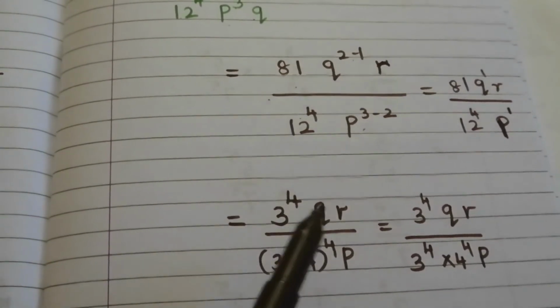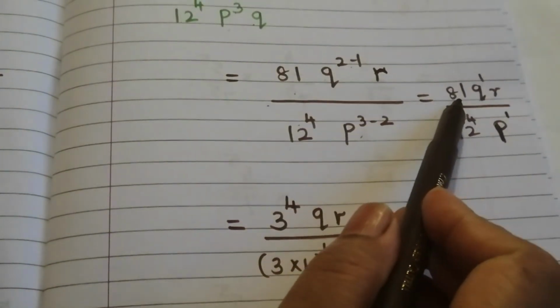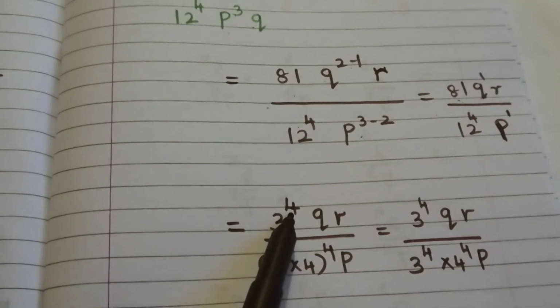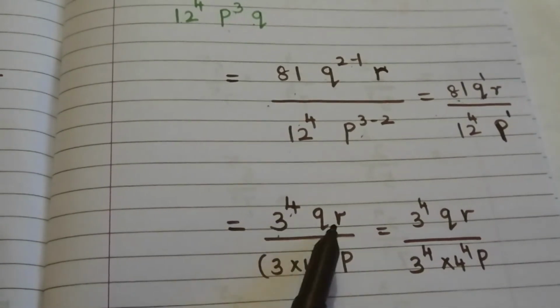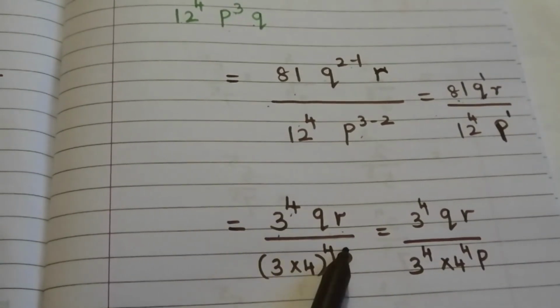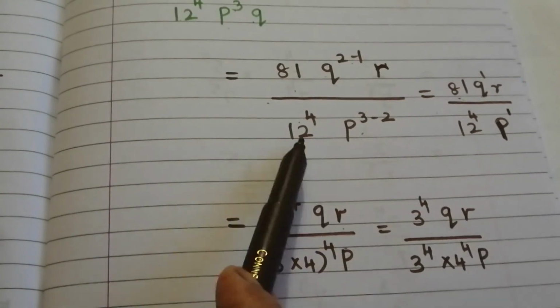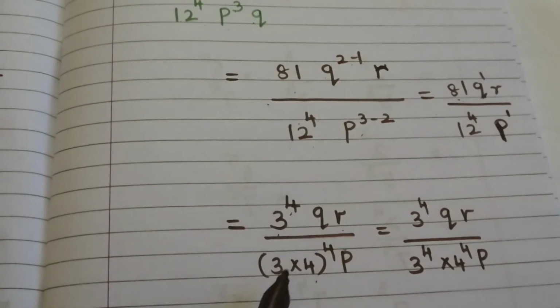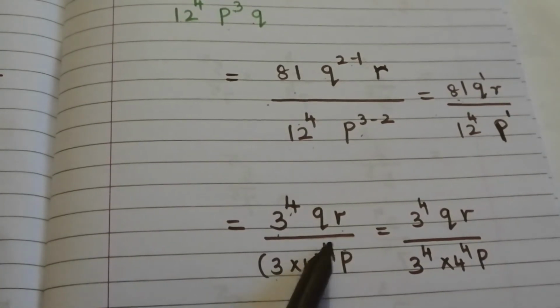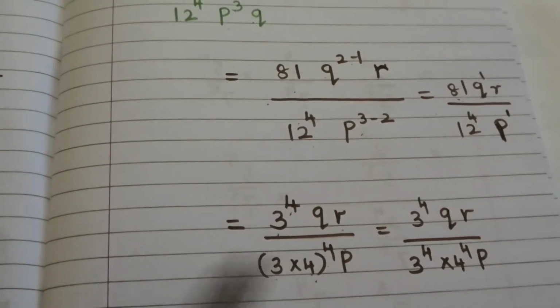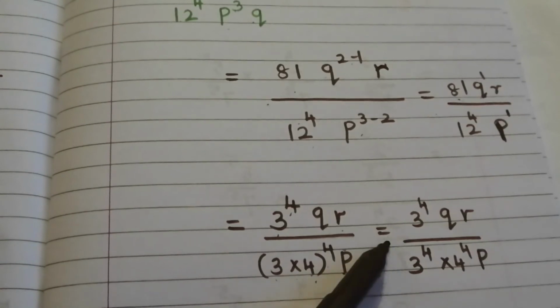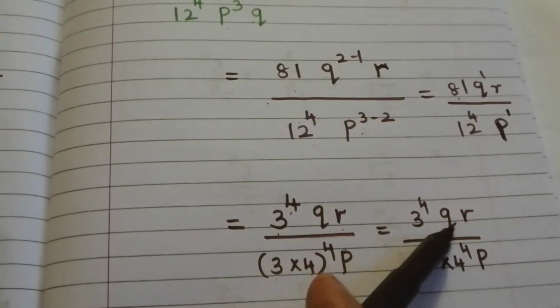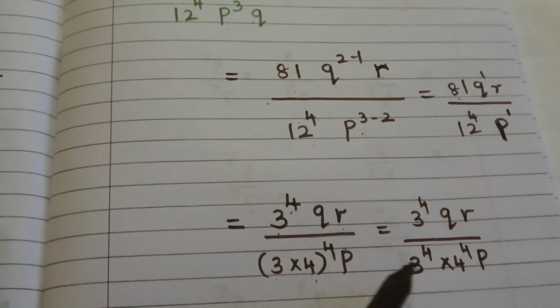So now we know 81 is equal to 3 power 4 into qr divided by, and we write 12 as 3 into 4. So 12 power 4 is equal to 3 into 4 power 4 into p. That is equal to 3 power 4 qr divided by 3 power 4 into 4 power 4 p.